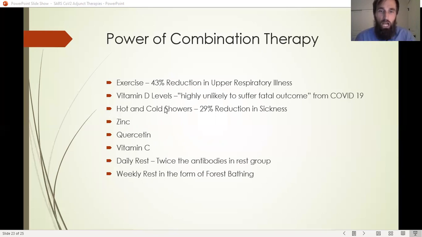Interestingly enough, with the hot and cold showers in that particular study, it talked about the participants' reported energy. I'm not going to take the time to find it, but the participants reported an increase in energy after the hot and cold showers, similar to what they felt when they used caffeine.